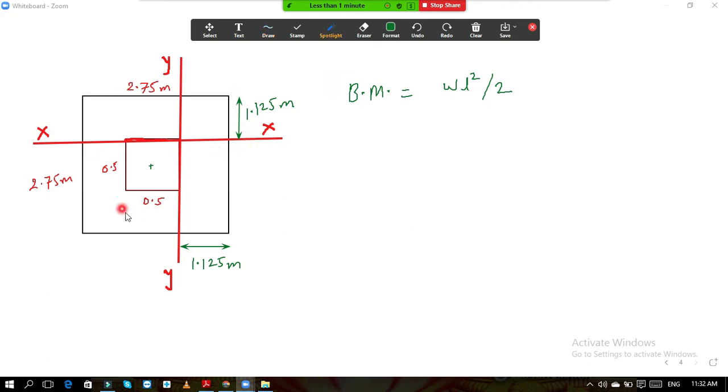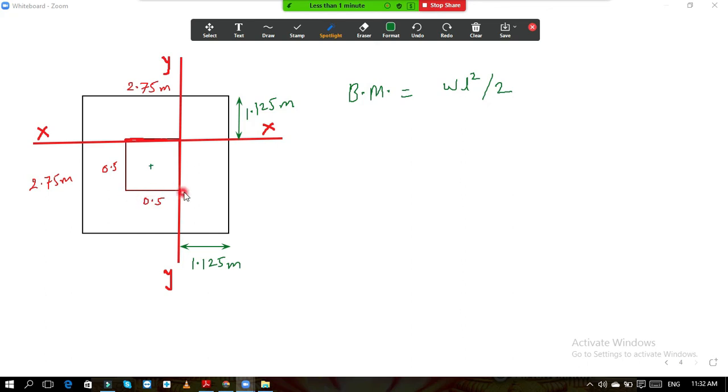Now I hope you understand this figure. If you haven't drawn it, then draw it quickly. So here it is column. This is the footing. 0.5 by 0.5 is the dimension of column. 2.75 by 2.75 is the dimension of the footing. So the center of column and center of footing are coinciding with each other.